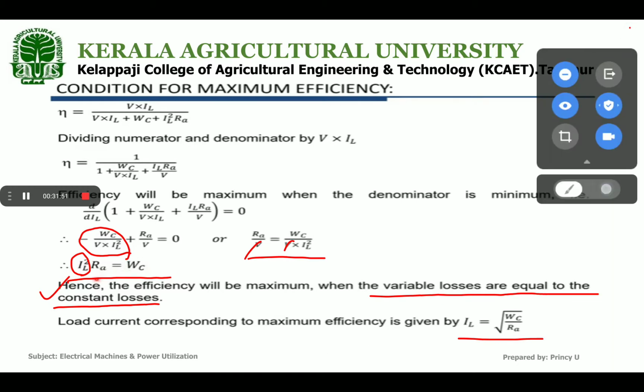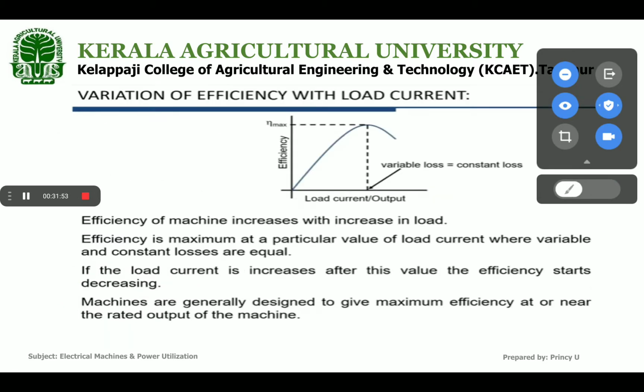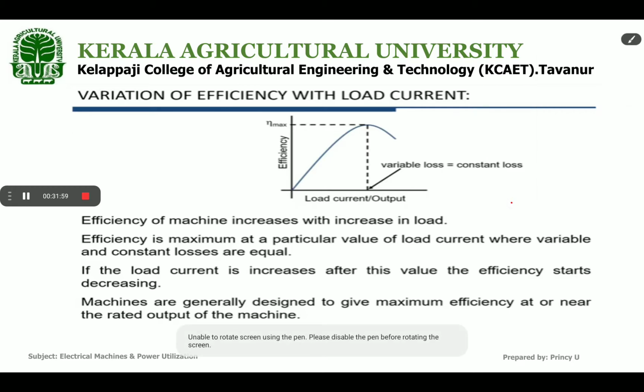When we consider the variation of efficiency with the load current, as the load current increases, the efficiency of the machine increases up to a particular value. The efficiency of the machine increases with the increase in load.